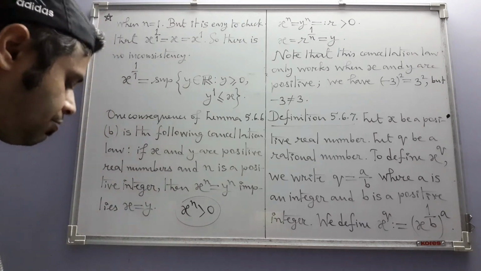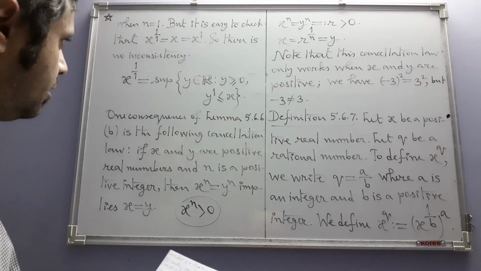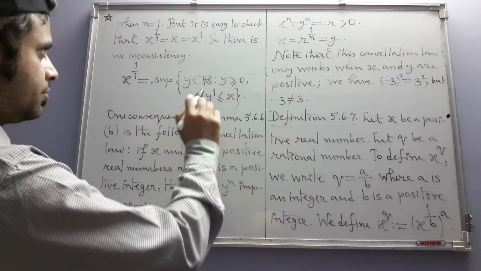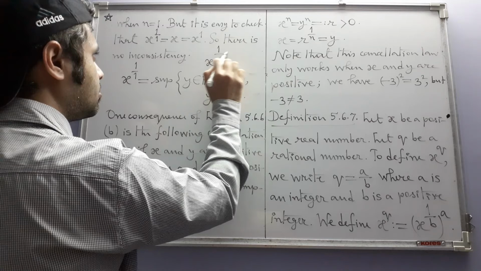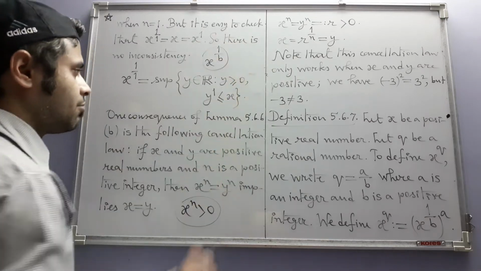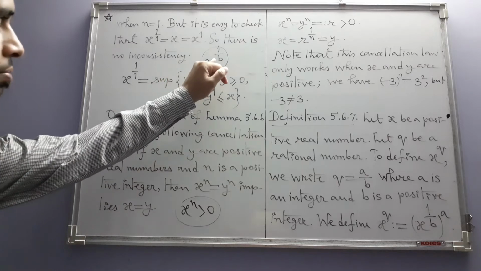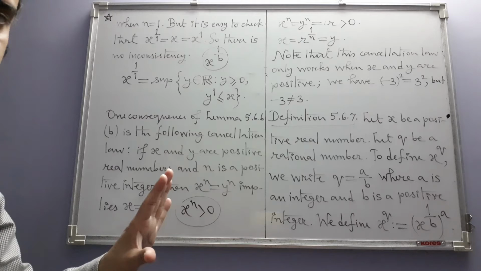Note very carefully that in lemma 566 part C, from there we get this additional fact that x to the power 1 by b, the b-th root of x, is a positive real number. In particular, it's not 0.